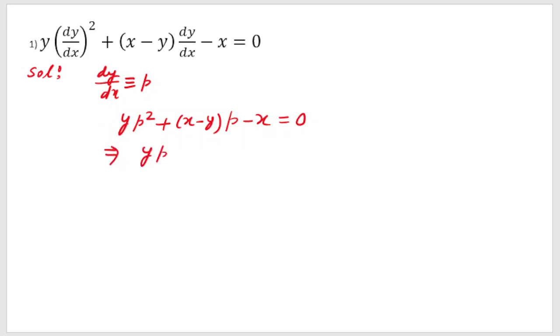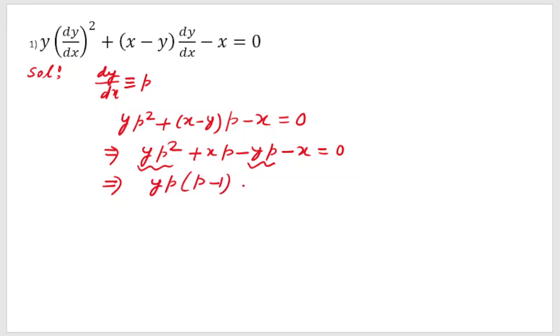So I will write yp square plus xp minus yp minus x is equal to 0. Now from this term and this term you can clearly see that I can take yp common. So I will get p minus 1, and from this term and this term I can take x common. So I will get p minus 1, and this whole thing is equal to 0.